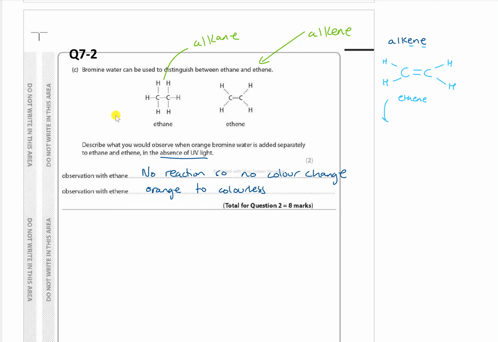One of the tests for a double bond, an alkene, or something called unsaturated compounds, is to add orange bromine water, and it turns colorless.